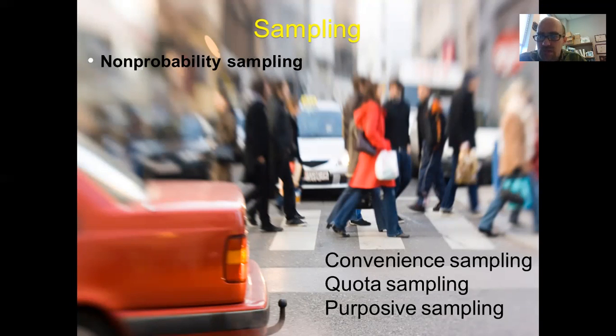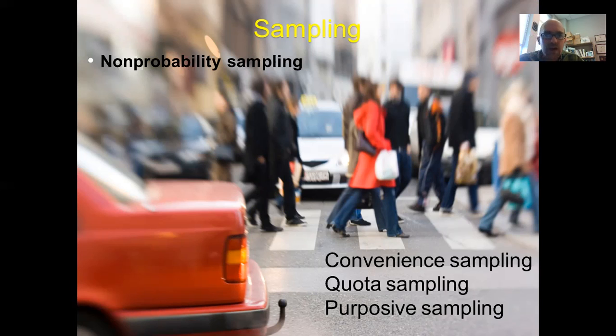Another example is quota sampling. This is the same thing as convenience sampling, except you are trying to at least maintain a certain quota or a certain proportion of people that are in the population. So if your population is pretty much 50% male, 50% female, if you stand out on that street corner and you're handing out 100 surveys, you make sure you hand out only 50 to males and 50 to females.